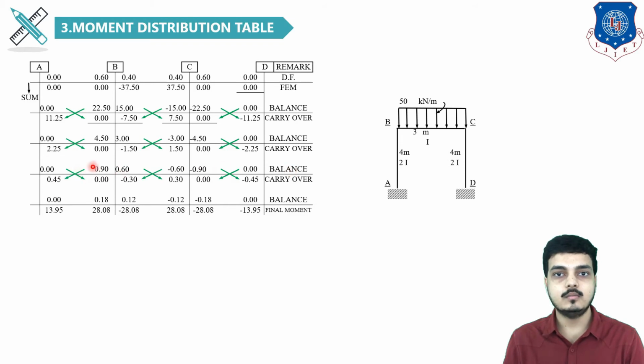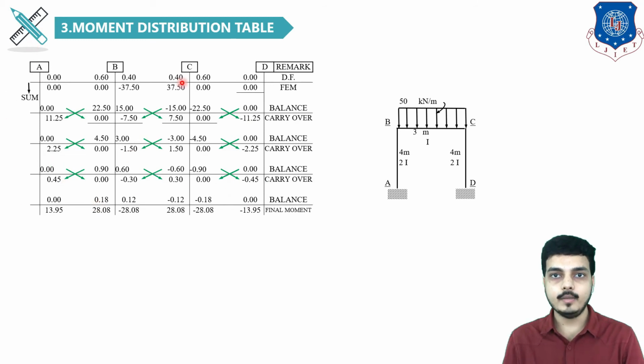Again at last we do the same process, meaning half of this over here, and the algebraic sum of these two is minus 0.3. Minus 0.3 becomes plus 0.3, multiplied by 0.6 is 0.18, plus 0.3 multiplied by 0.4 is 0.12. Similarly over here, and 0 multiplied by minus 0.45 is 0.